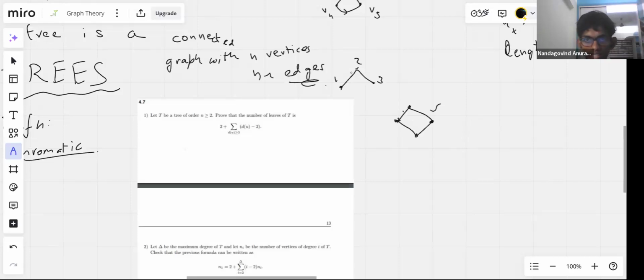Can I have two paths from 1 to 3? From 1 to 3, there exists the path 1, 2, 3, and there exists the path 1, 5, 2, 3. Can such a thing happen in a tree? I think so.